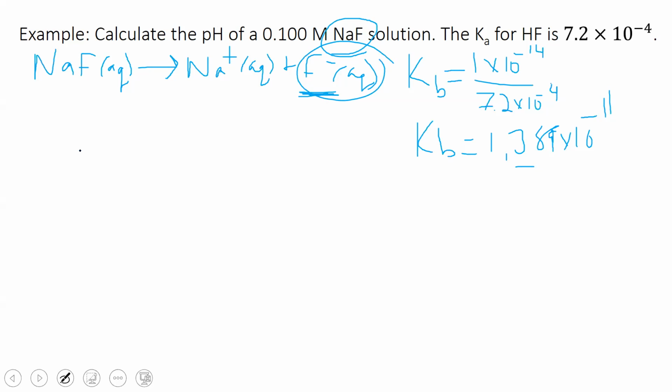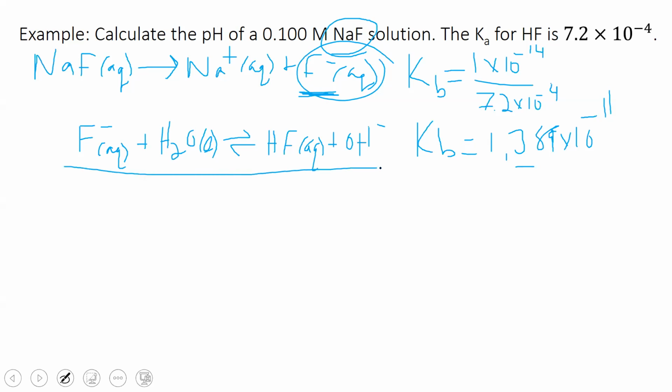So what happens in this reaction? Fluoride reacts with water to produce hydrogen fluoride and hydroxide. There's our chemical equation for that. We have our ice box, which we can start to fill in now.